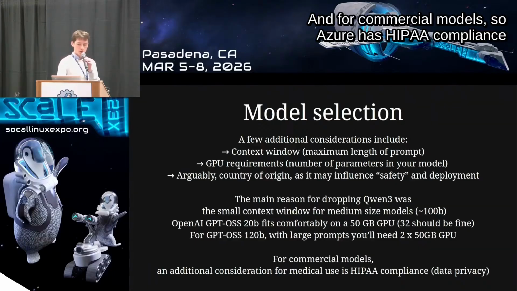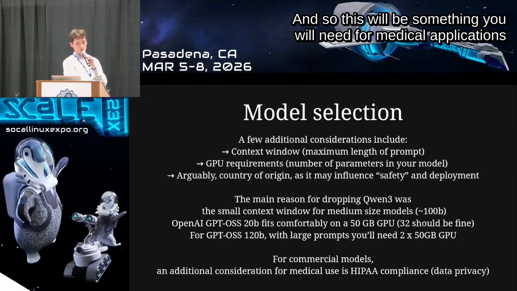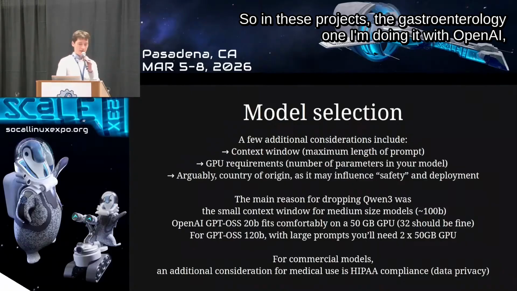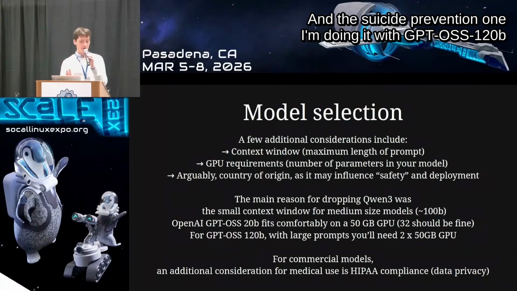And for commercial models, Azure has HIPAA compliance, and so this will be something you will need for medical applications. So in these projects, the gastroenterology one, I'm doing it with OpenAI, and the suicide prevention one, I'm doing it with GPT-OSS 120B.